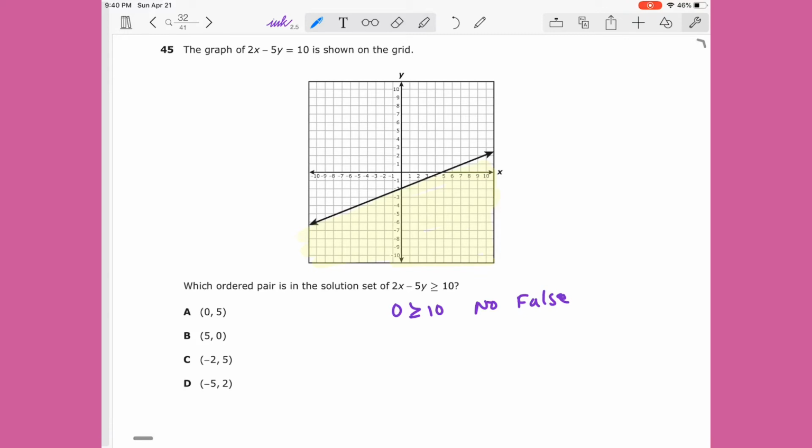That is 0, 0, 5 is up here, so that's false. We have 5, 0, that is on the line, so that's true. -2, 5 is also false. And -5, 2 is also false. So the only possible answer choice is going to be B.